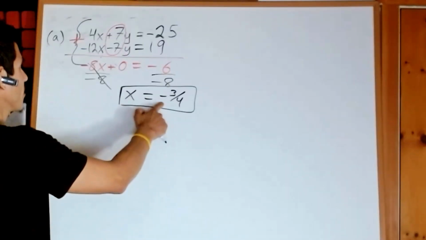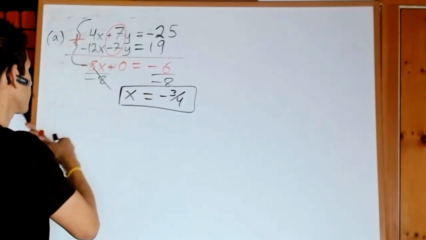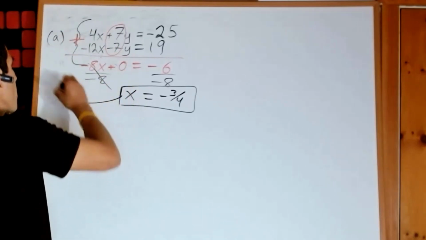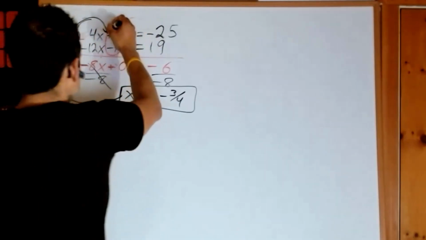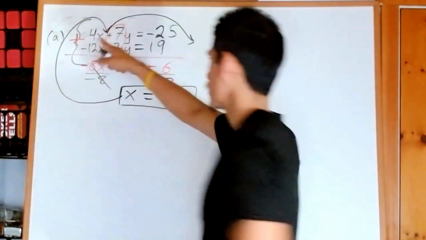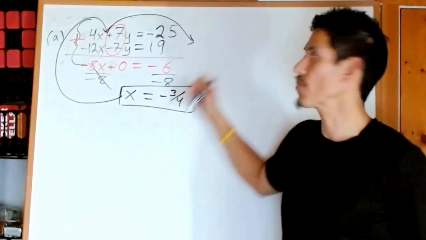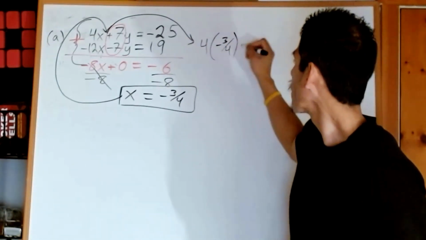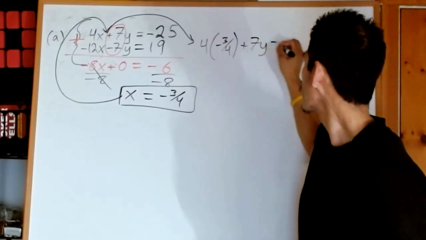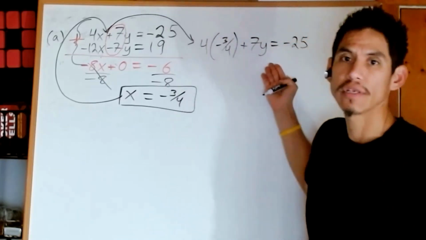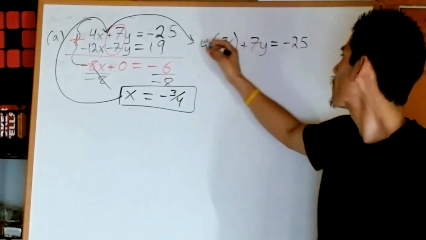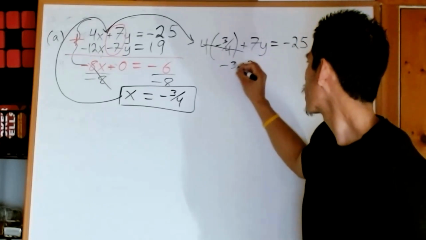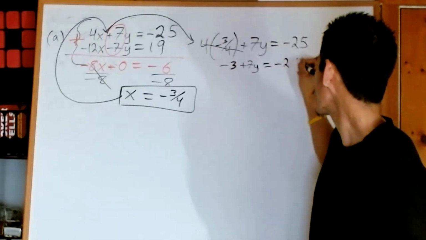Now we just have to plug this in for an equation for y and solve for y. So we can just plug this into this x here. So we're going to have 4 times negative 3/4 plus 7y equals negative 25. And we just solve this, negative 3 plus 7y equals negative 25.